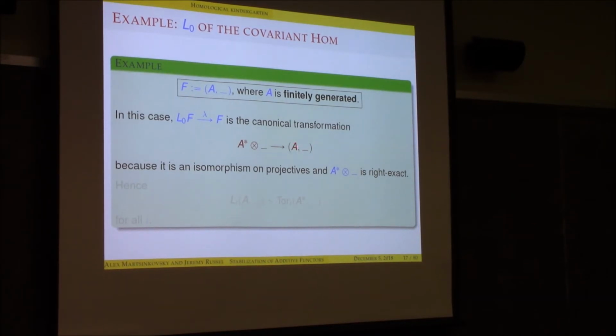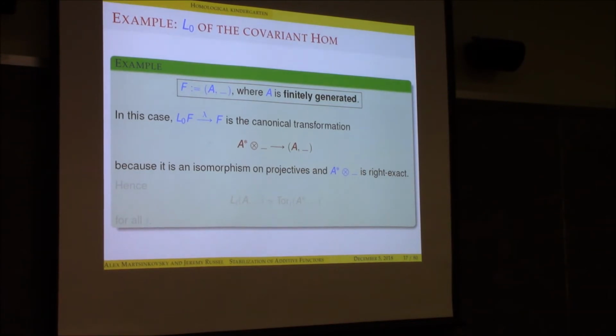But if A is finitely generated, then you can take the direct sums out. And so that means this will be an isomorphism on free modules as well, because free modules are direct sums of lambda. And then it will be an isomorphism on projectives.